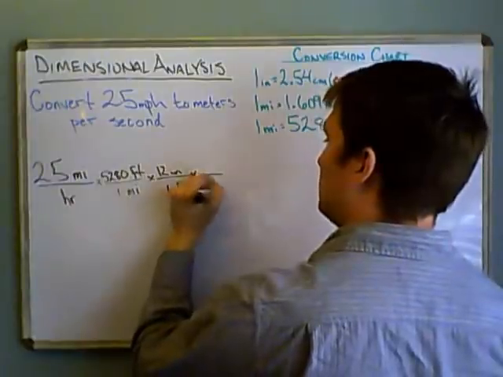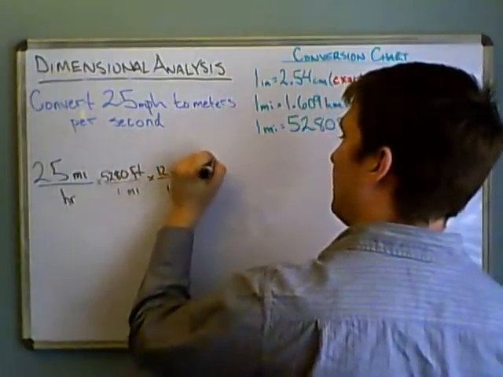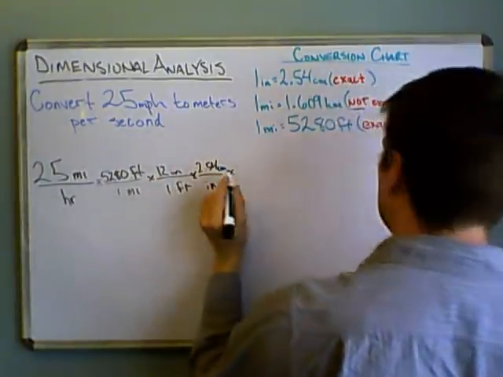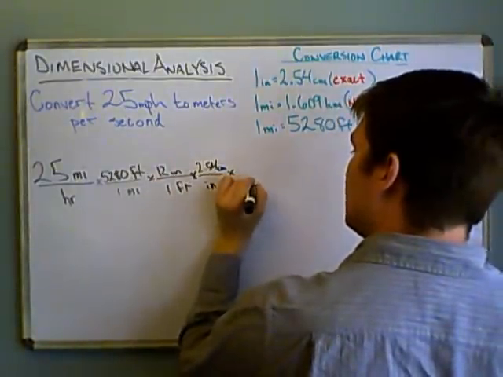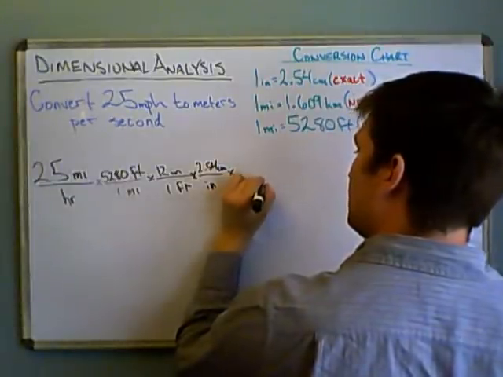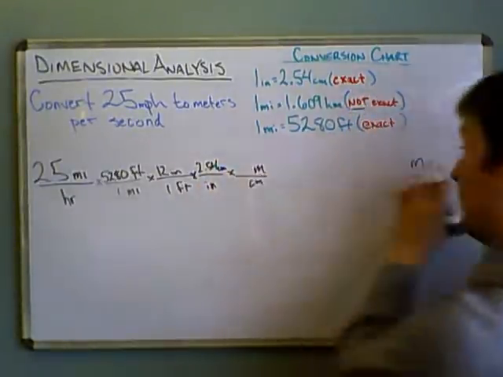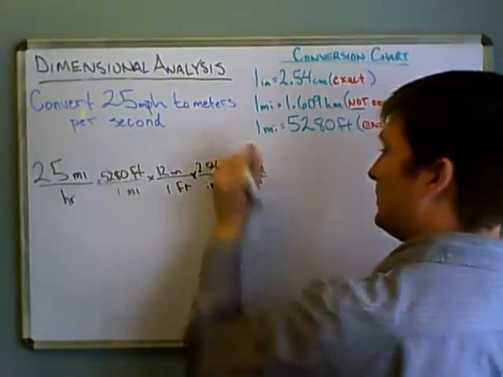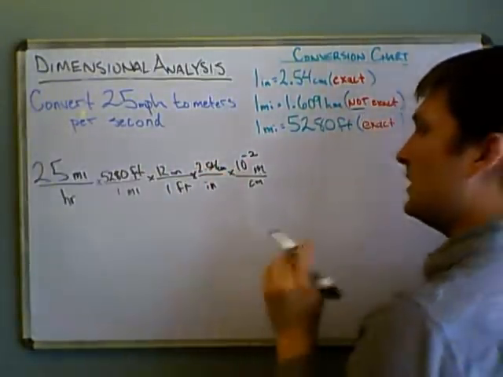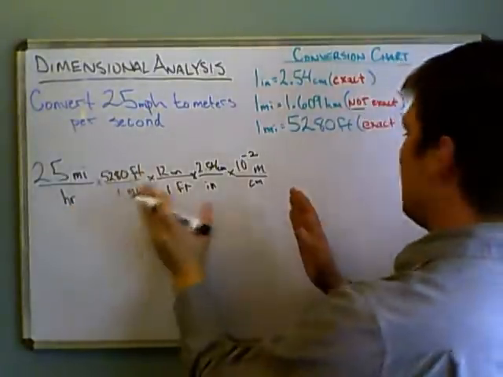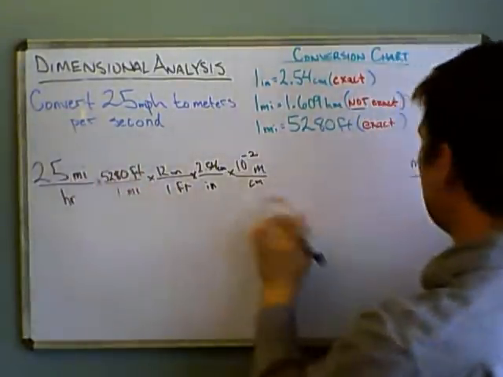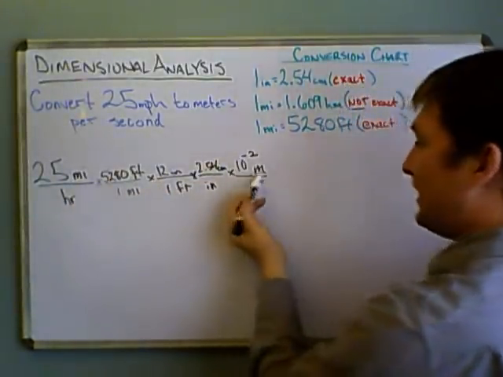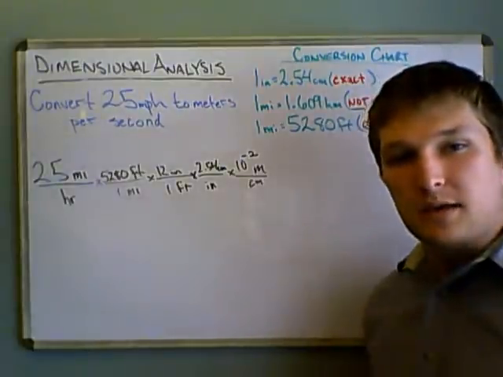In 1 inch, it's 2.54 centimeters. 1 centimeter, now this is a little bit easier. 1 centimeter to meters, which is where we want to go, right? And that's 10 to the negative 2. Okay? So now we've taken care of the miles to meters, because all of that is going to cancel, and now we're in meters, which is where we want to be.